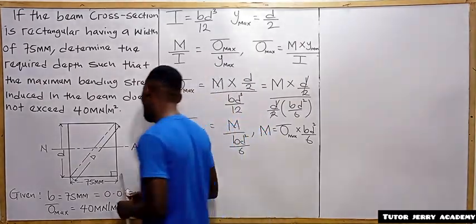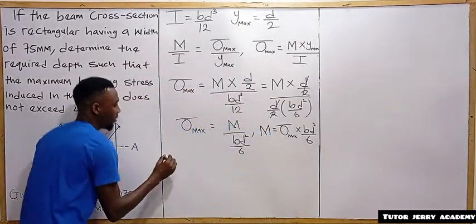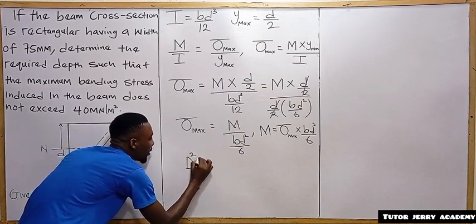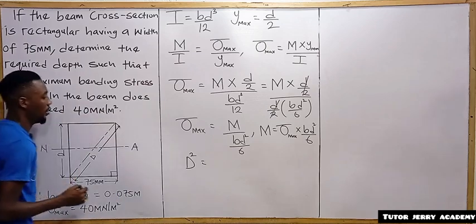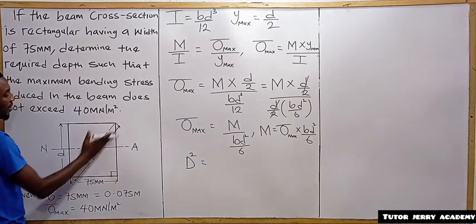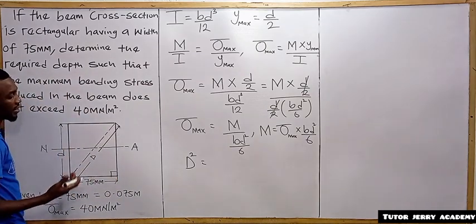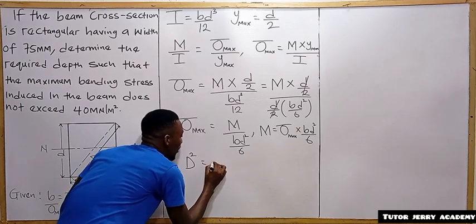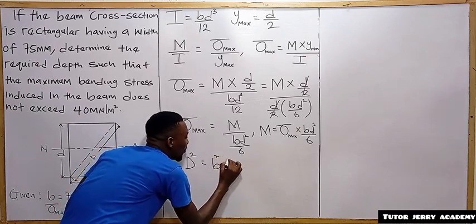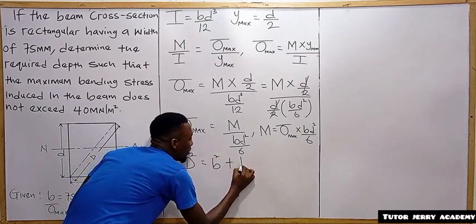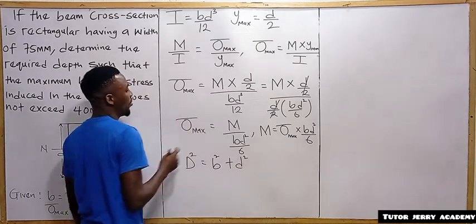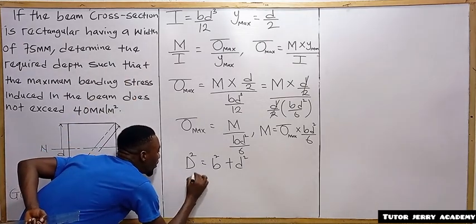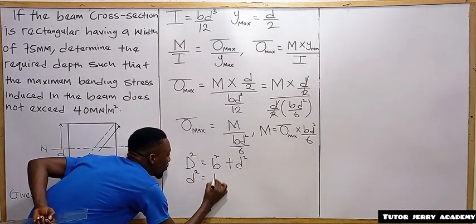So if we apply Pythagoras theorem, our diagonal squared is equal to, because we know that this is our 90 degrees, our hypotenuse side, the hypotenuse side is equal to the sum of the two other sides, provided that they are all squared. So b squared plus what? Plus d squared, right?